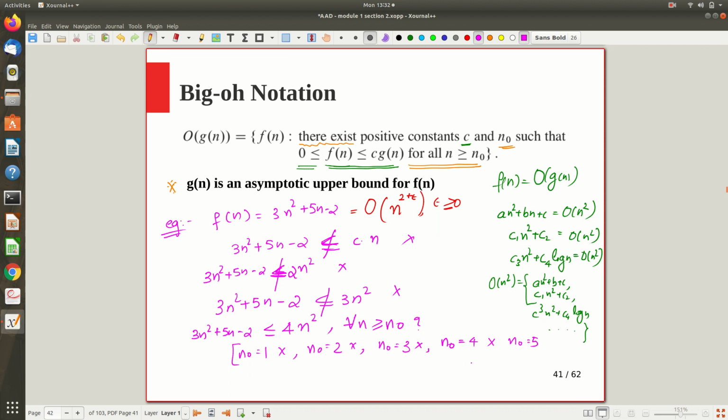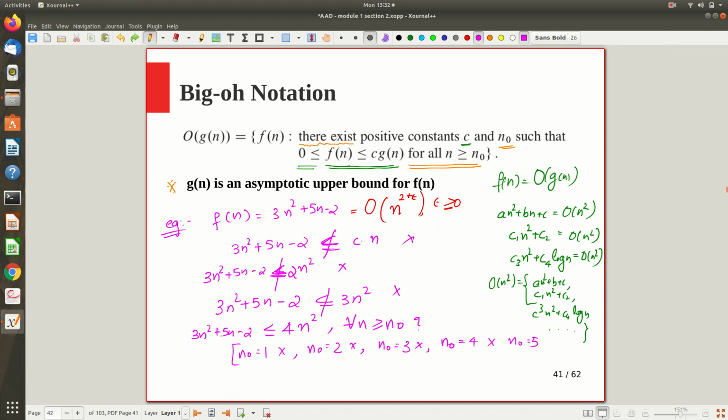So will it work for n0 equal to 5? Let's see. 3 into 25, 125, plus 25 minus 2, is it less than or equal to 25 into 4, it's 100? Again it's not going to work. So I made a mistake actually. 3 into 25 was 75. This is going to work, I think.